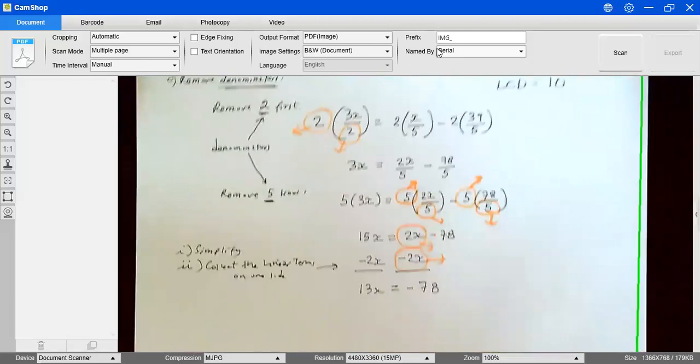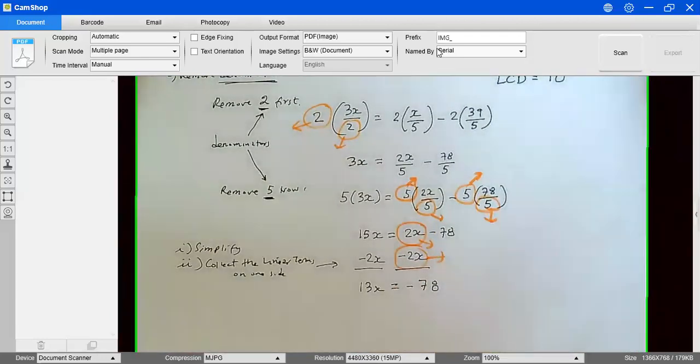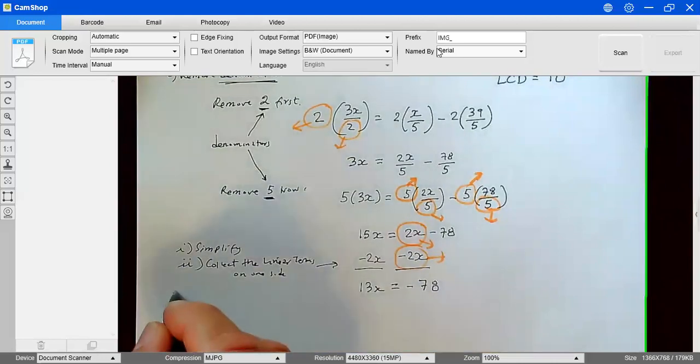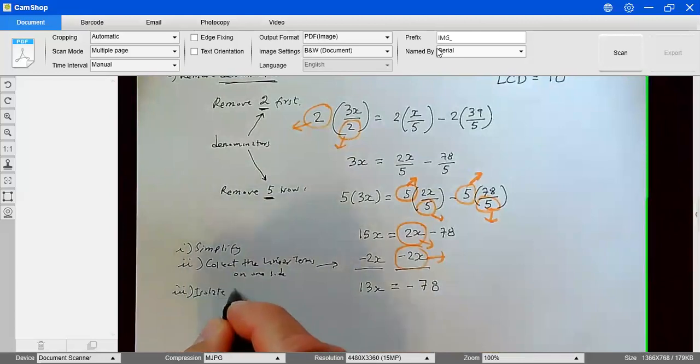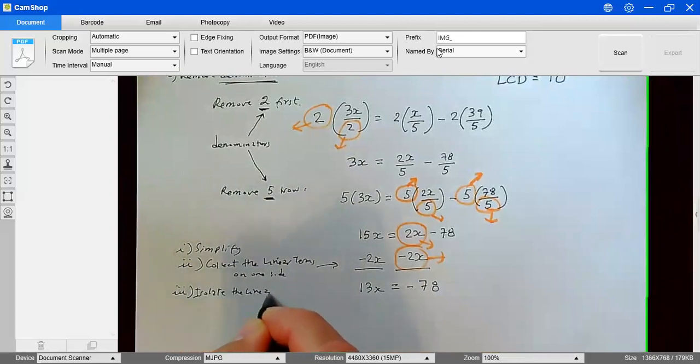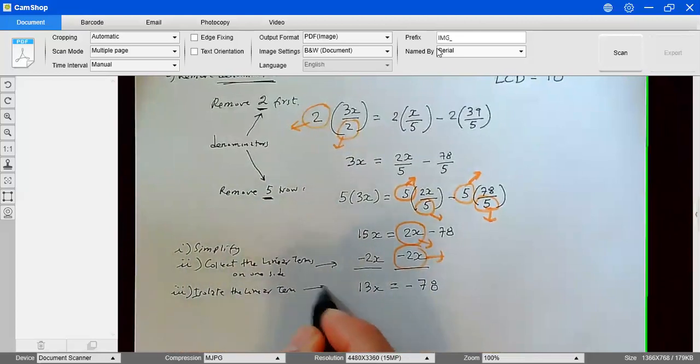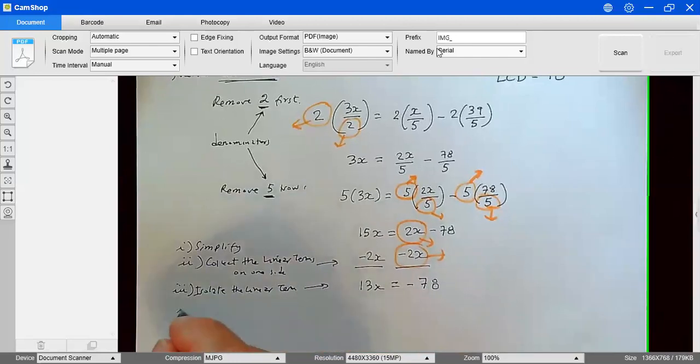So now the next step is we're going to isolate the linear term. It's already isolated. So in this step, we also isolated the linear term. So it's already isolated. So we move to the next step.